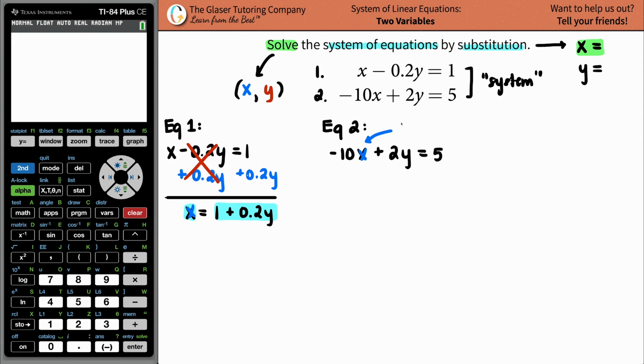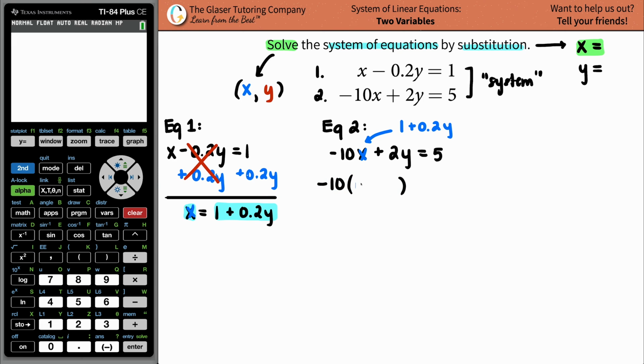So when I plug in the 1 plus 0.2y into this, you have to make sure that you put parentheses. So this is going to be negative 10 times that whole value of what x equals. So essentially what you're doing is just plugging that in.